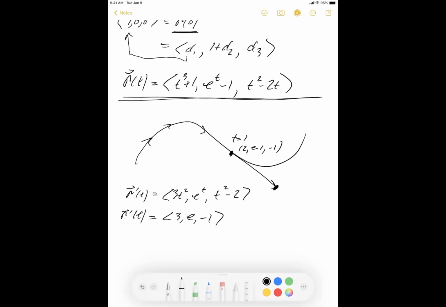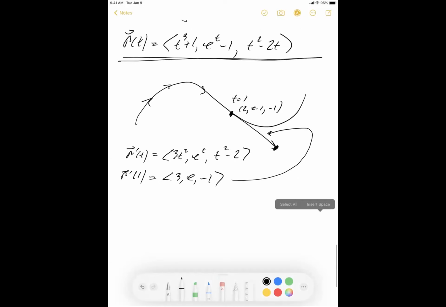Oh, sorry, I should have said R prime of 1 right here. That's that vector. That's the tangent vector. So the equation of the line that this particle will now be following.